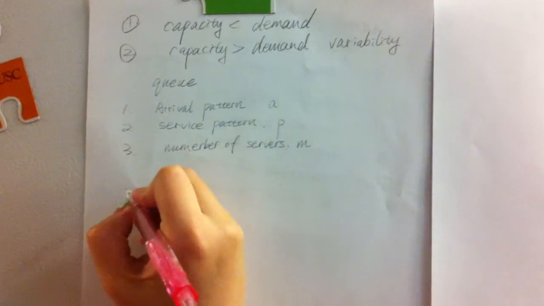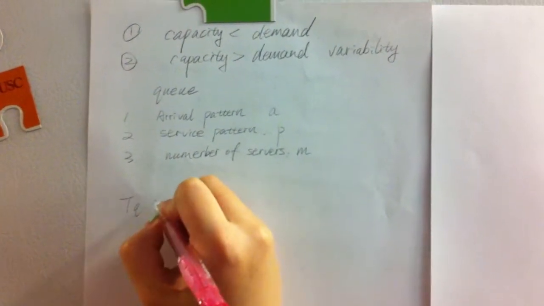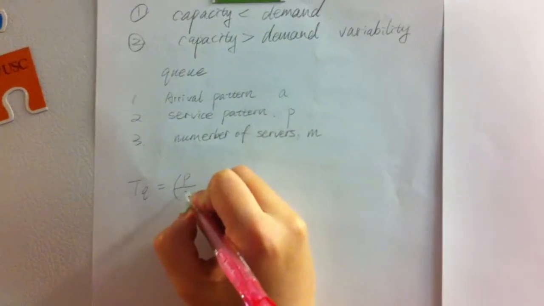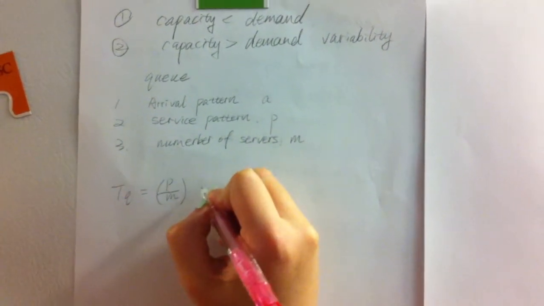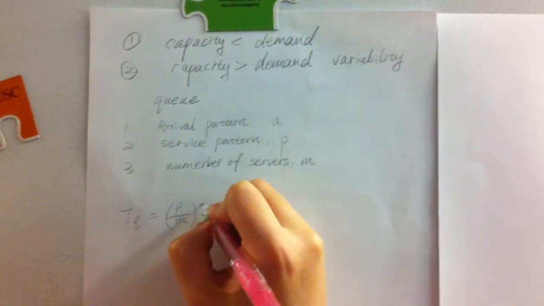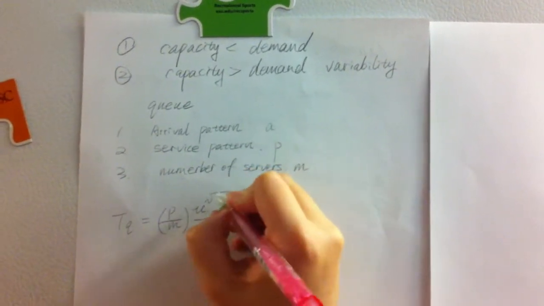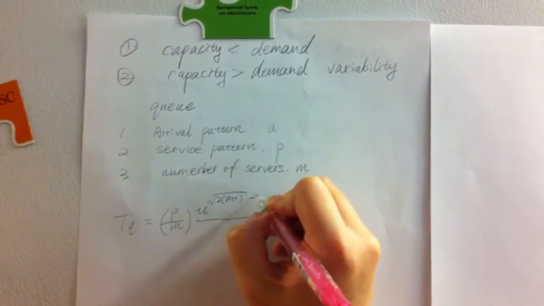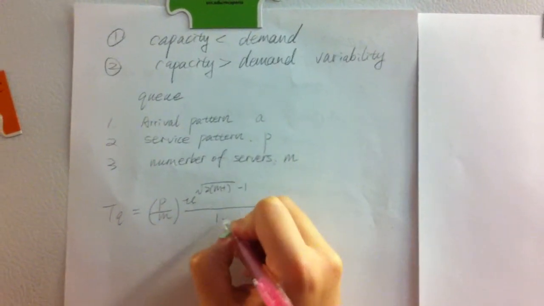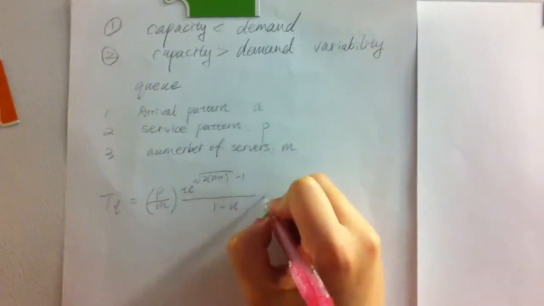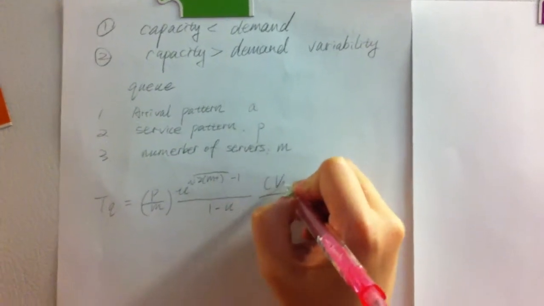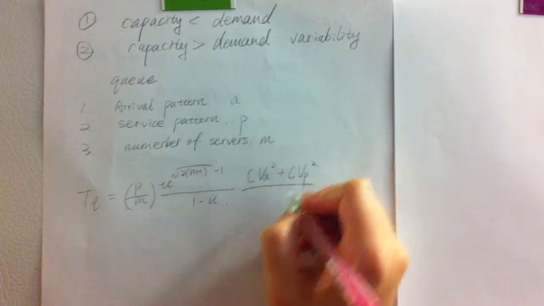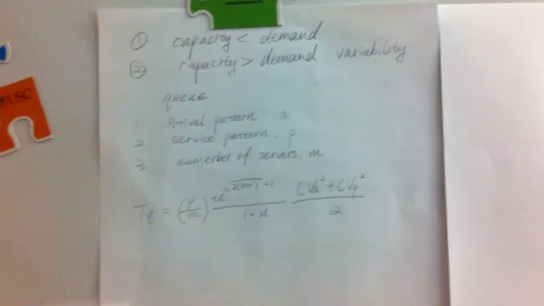This equation is called TQ equals P divided by M, times U over 1 minus U, times CVA squared plus CVP squared, divided by 2.